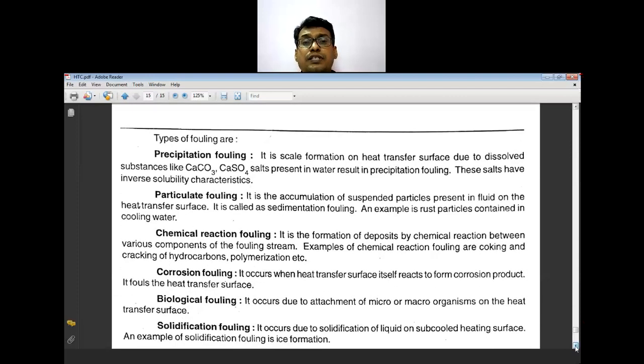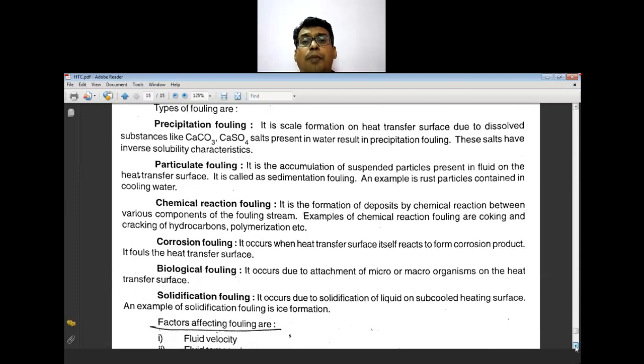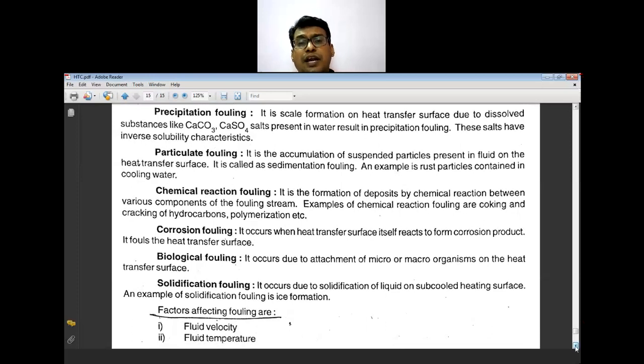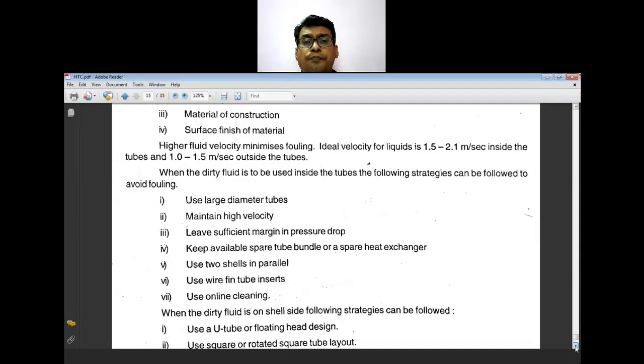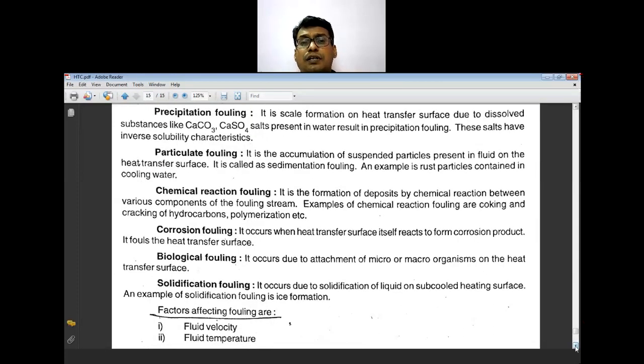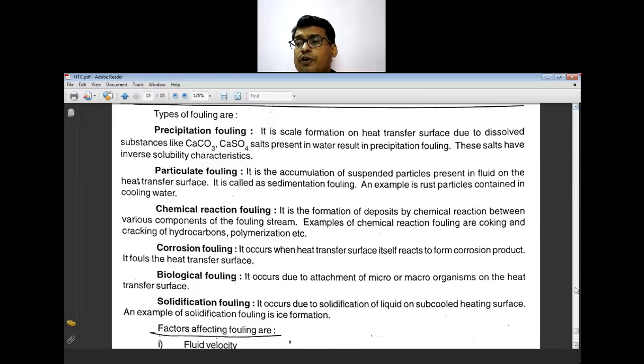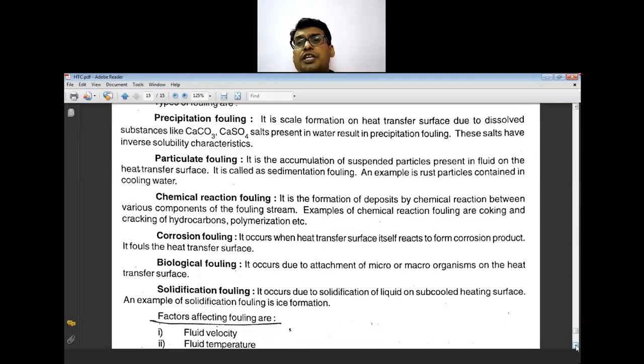Now, what are the different types of fouling? There is precipitation fouling, particulate fouling, chemical reaction fouling, corrosion fouling, biological fouling, and solidification fouling. So these are the different types of fouling that exist in heat exchangers.